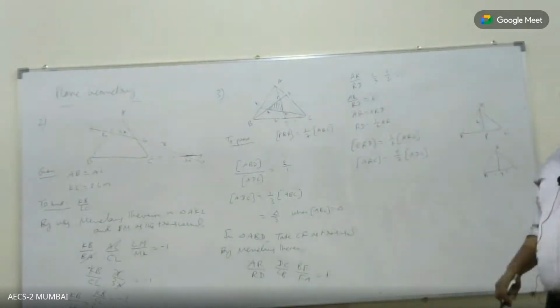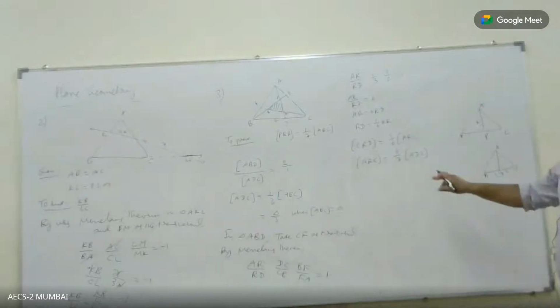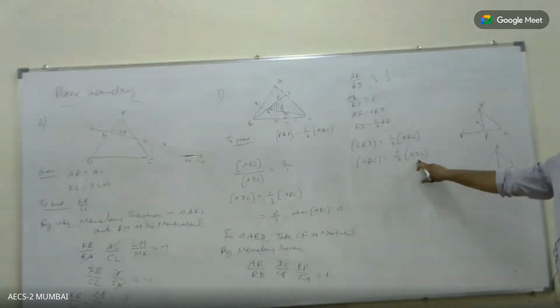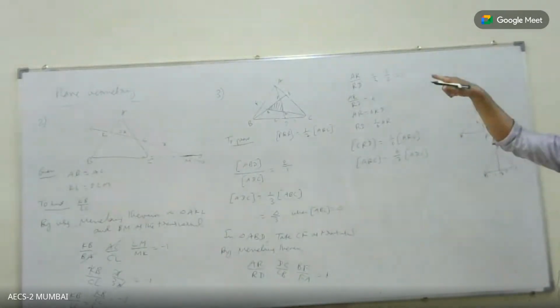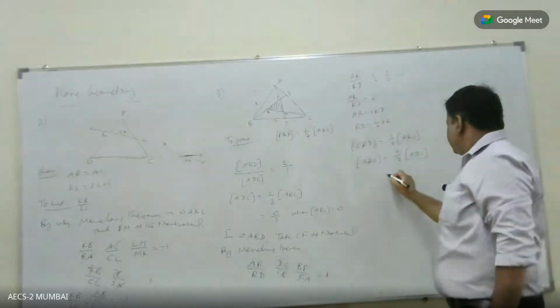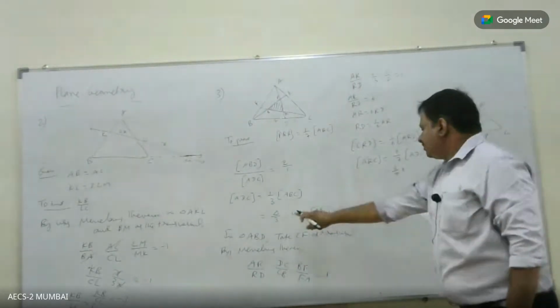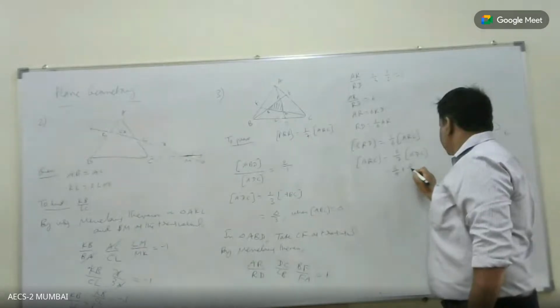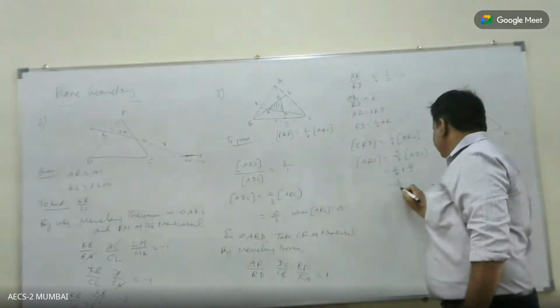Is this clear? Now, what is the area of ADC in terms of ABC here? 6 by 7 into delta by 3, which is 2 by 7 delta.